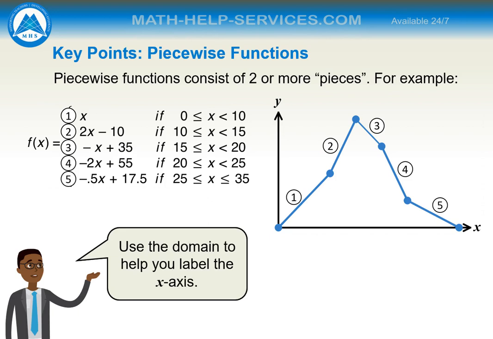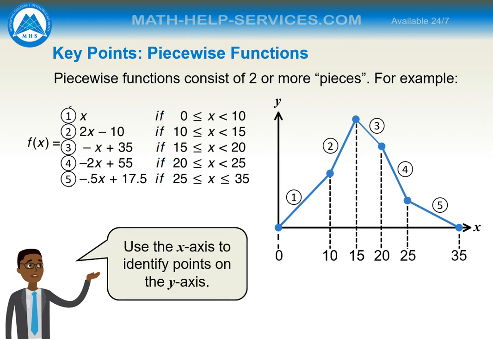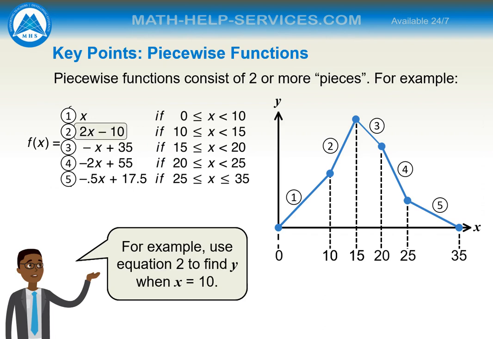Use the domain to help you find the x-axis. Use the x-axis to identify points on the y-axis. For example, use equation 2 to find y when x equals 10. Substituting, we simplify, and we see that y is 10.